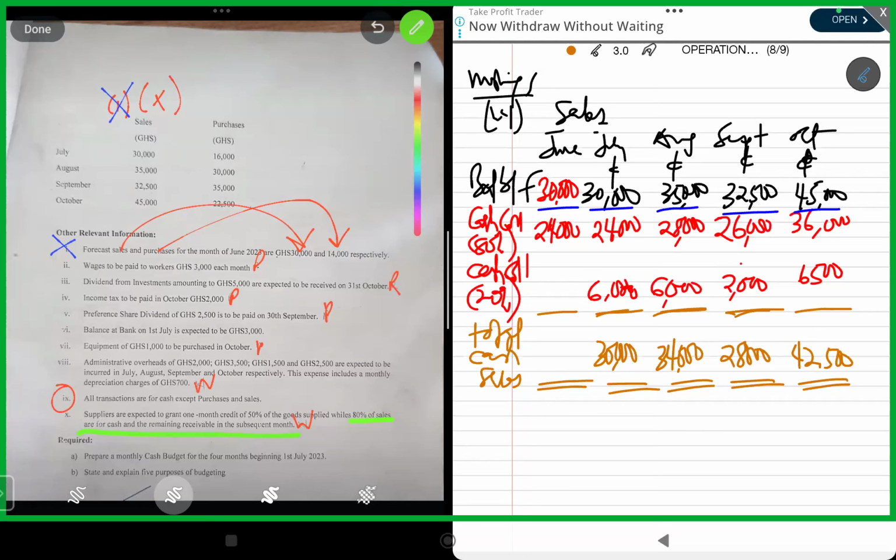So I'll go to the workings, to the main requirements, the main solution, and record the figures. Are you writing? Yeah. The June figure, I've told you, there is no requirement for the inclusion of the month of June in the main solution. So that is exempted.